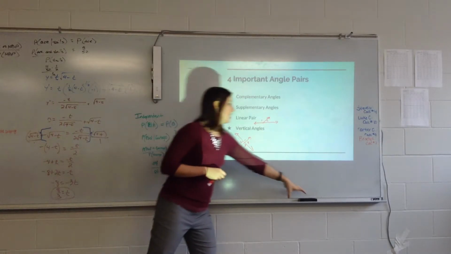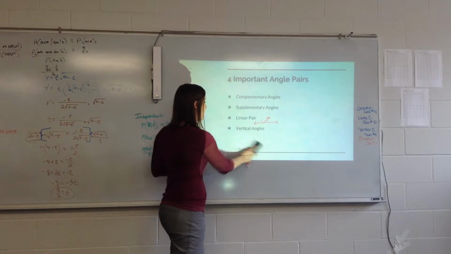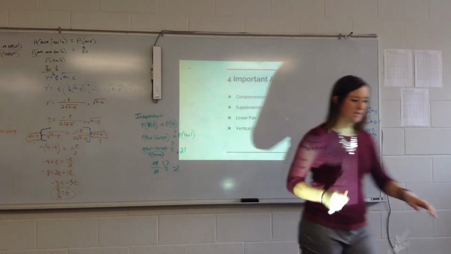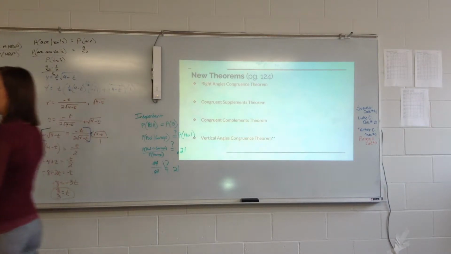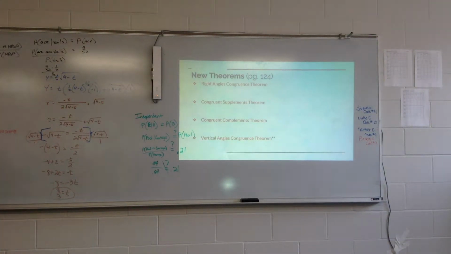Okay. So we have four theorems that we need to write down. They're also on page 124, so if you ever need a more in-depth description, you can go there, okay? But we need to write all four of these down. Leave just like a line in between, because I'm just going to write an example for each.